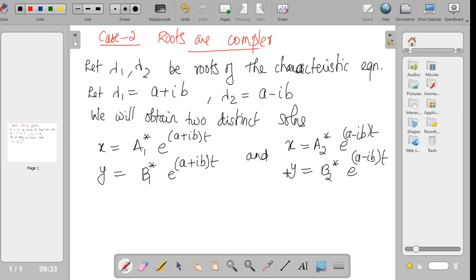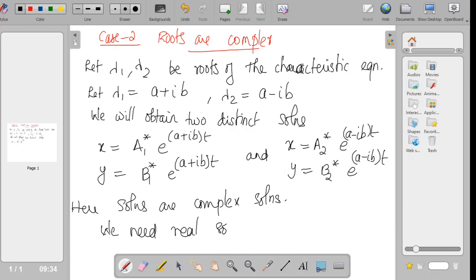Now the problem is that here the solutions are complex solutions. When we expand and write this, you are going to get a complex solution. But we require real solutions in this case. So we will look at how to obtain the real solutions.